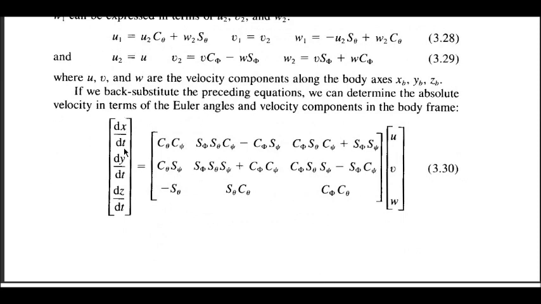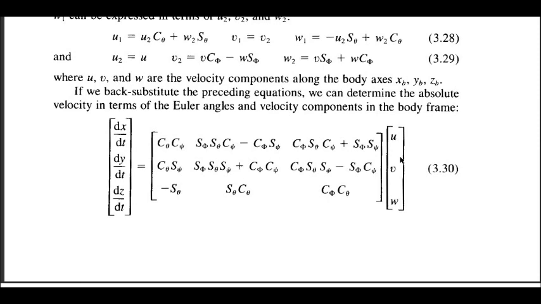So basically, the change of x over t, and this is u v w. So this one is velocity, velocity in u v w, and this is the change of x with respect to time.